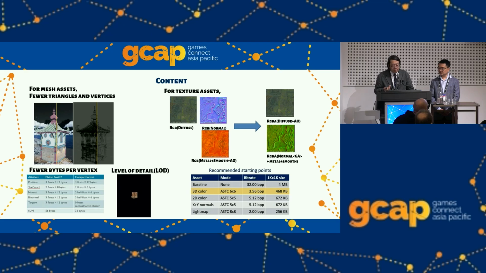During the render phase, minimizing the byte size per vertex is crucial for bandwidth optimization. Additionally, attention should be paid to creating LOD, level of detail, assets. For textures, it's advisable to consolidate the texture channels to reduce unused channels, and to set appropriate texture compression and sampling modes.